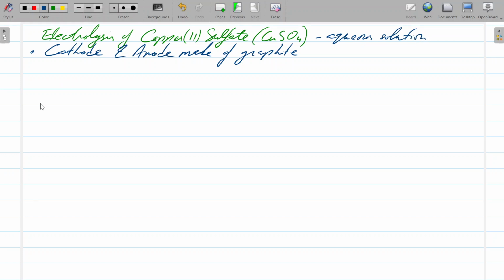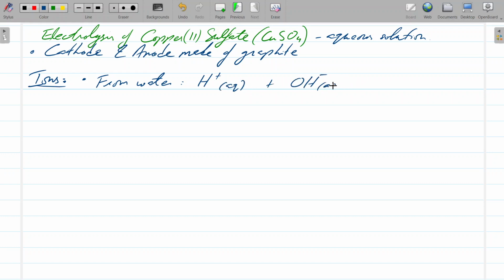Aqueous meaning there's water, so the ions from water, you are getting the hydrogen ion and the hydroxide ion.